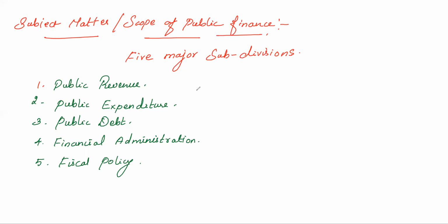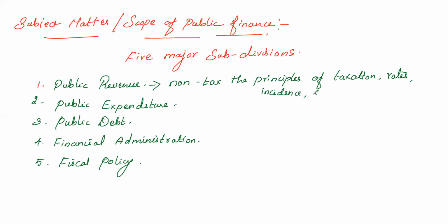So what do you mean by public revenue? Public revenue deals with the methods of raising public revenue such as non-tax sources, the principles of taxation, rates of taxation, incidence and shifting of taxes and their effects.